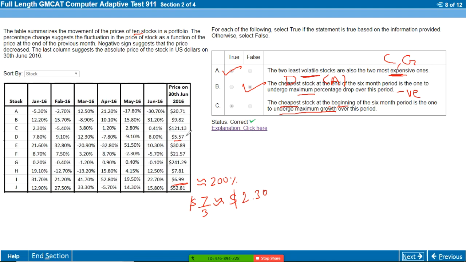So clearly this cannot drop below 2.3, which is roughly half. It cannot have been a 50% growth or 100% growth. So clearly, this is indeed the stock that is the cheapest at the beginning, which is approximately this value. So therefore, again, this is the correct statement.